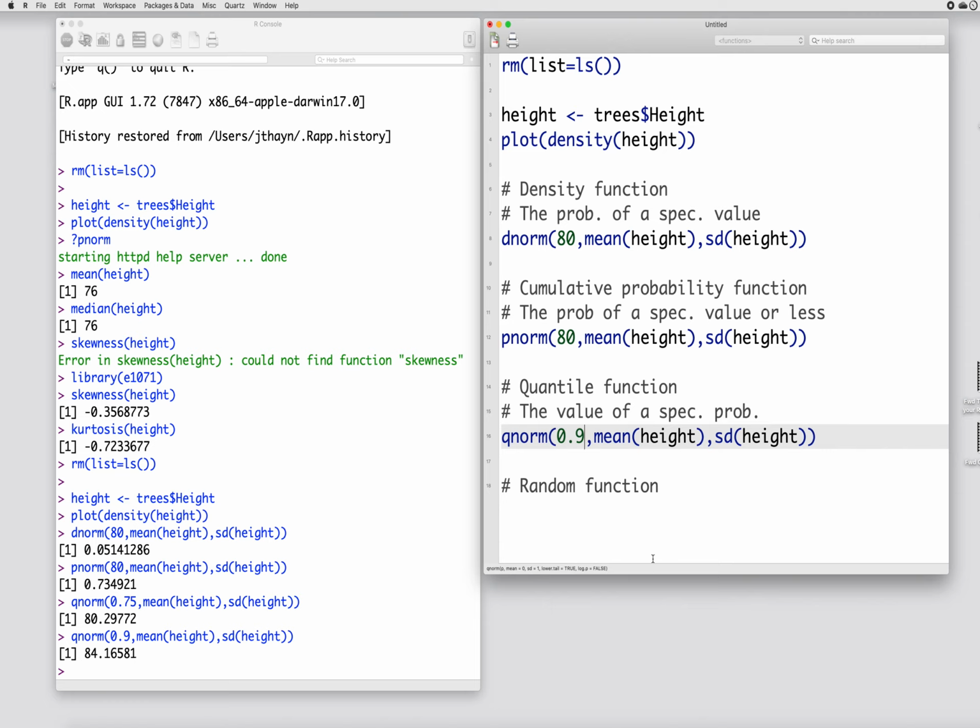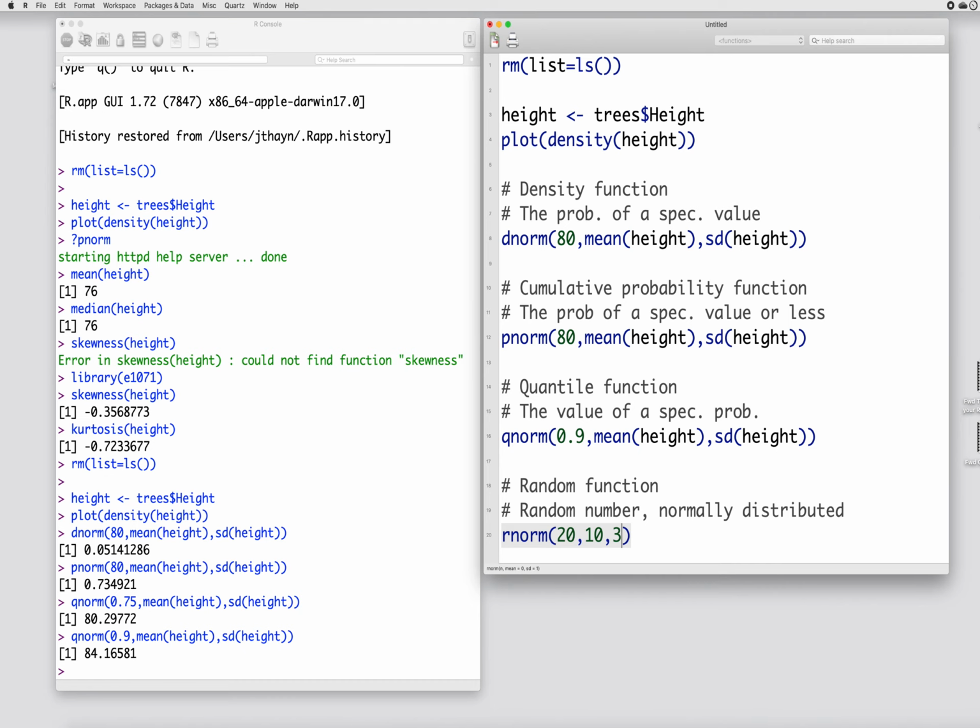Okay. The third one is just a random number generator. So this generates a random set of numbers that are normally distributed. The command there is rnorm, and the first input is, just to keep this simple, let's say I want 20 numbers drawn from a population that has a mean of 10 and a standard deviation of 3.